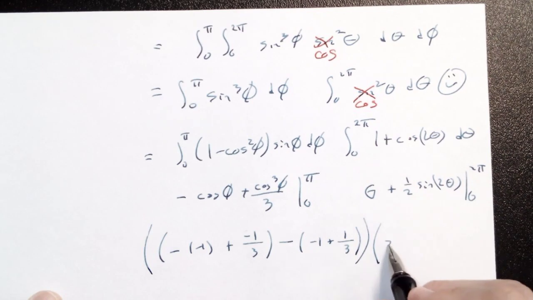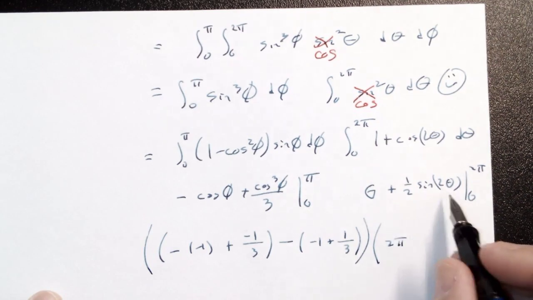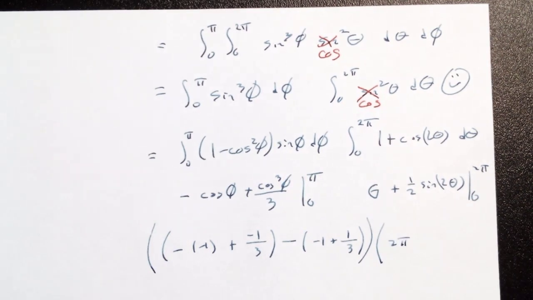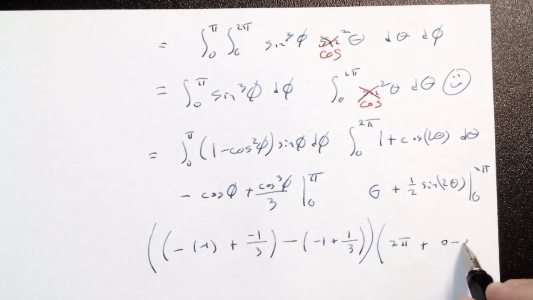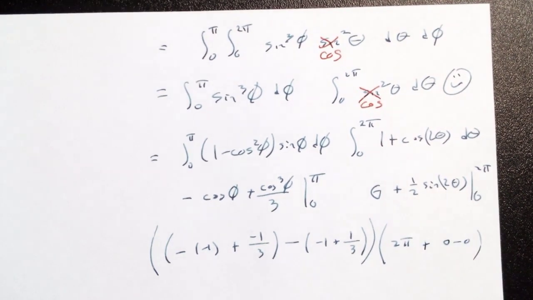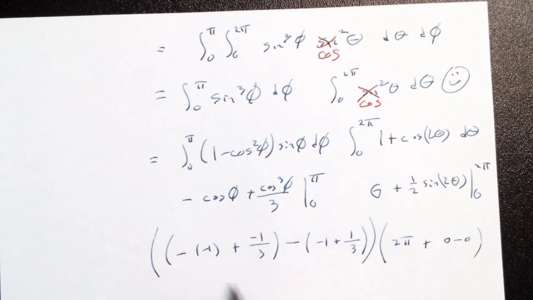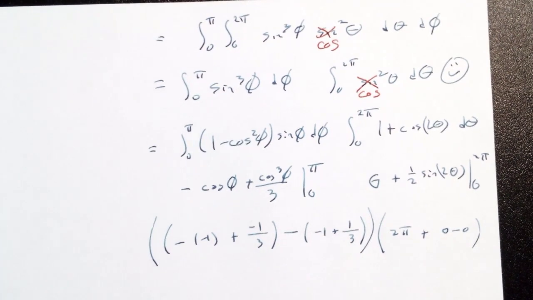Two pi minus 0. Sine of 2 pi. Oh, wait, sine of 4 pi. What's sine of 4 pi? And sine of 0. What do I get here?